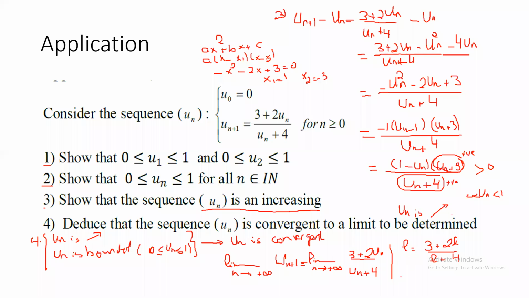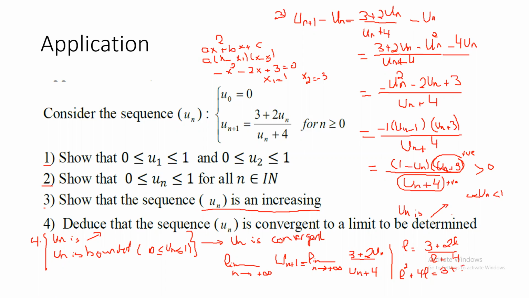Cross multiplication إذا convergent نعمل هيك أستاذ. Yes, L squared plus 4L equals 3 plus 2L.